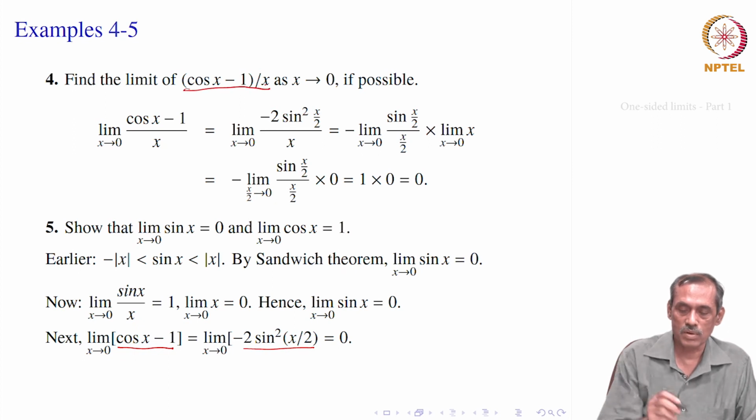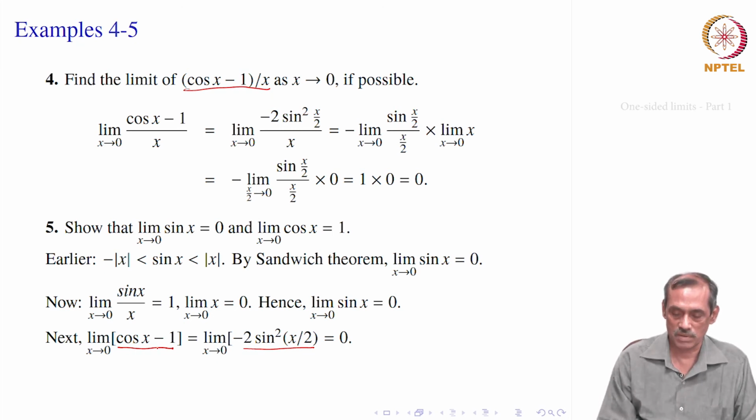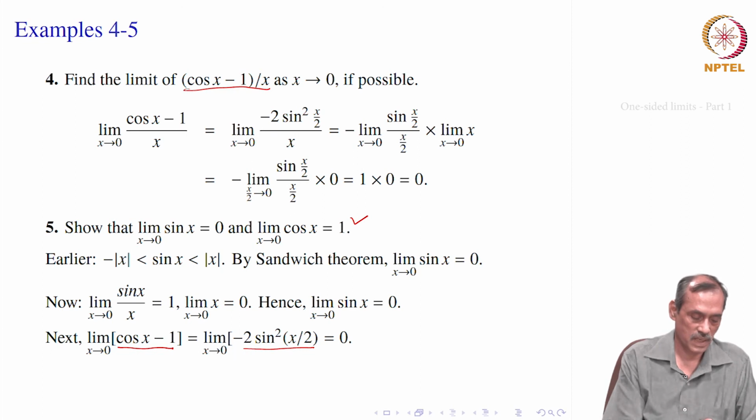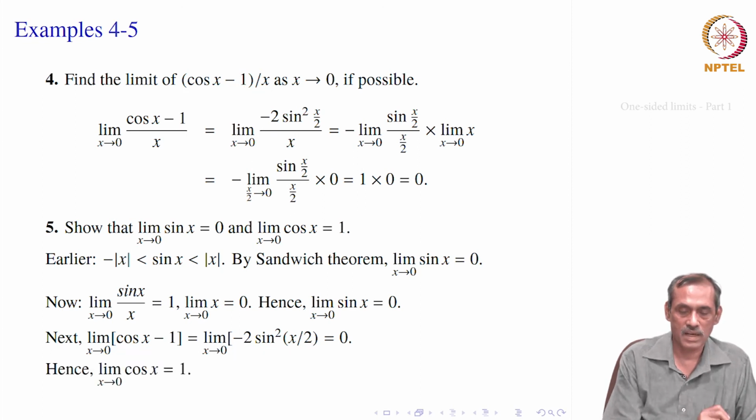This limit we know to exist, and the limit of the denominator as x goes to 0 is 0, so the numerator limit must also be 0, as we have done here. In the same way you can conclude that the limit as x goes to 0 of cos x minus 1 equals 0, and that gives the limit of cos x equal to 1. So, this is another way of doing the same old problems. Okay, let us take another example maybe.